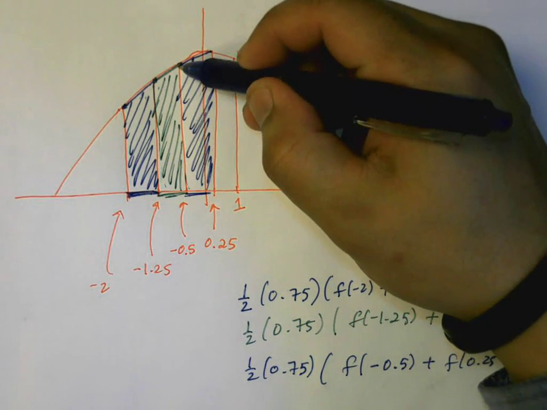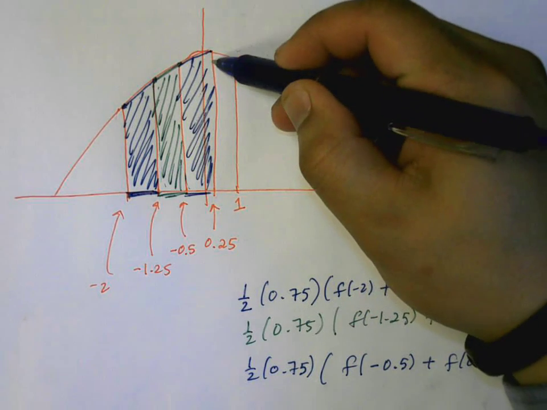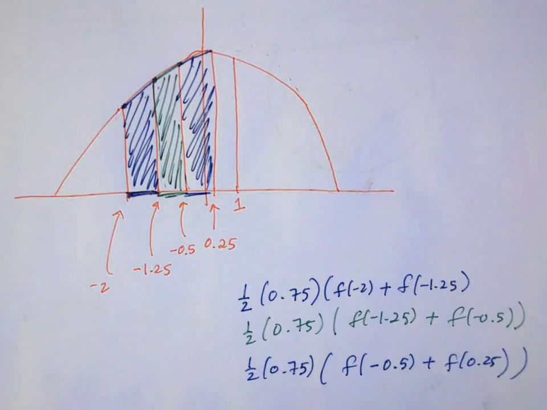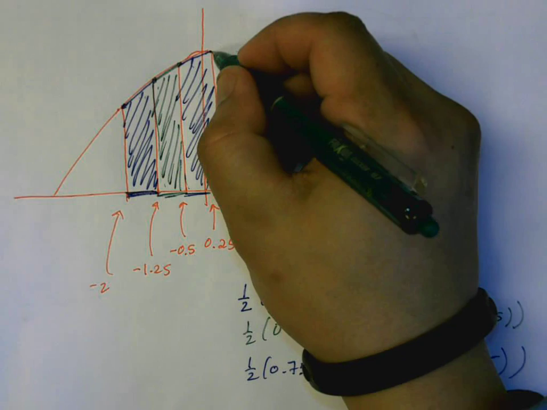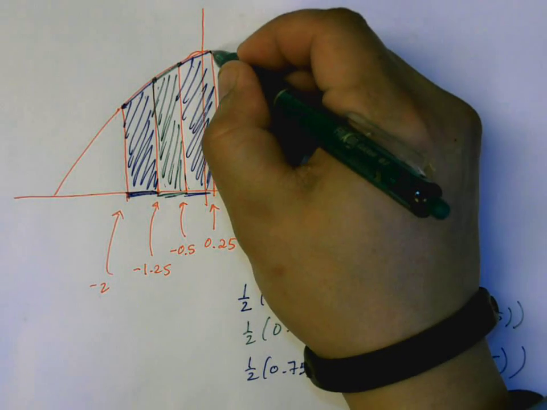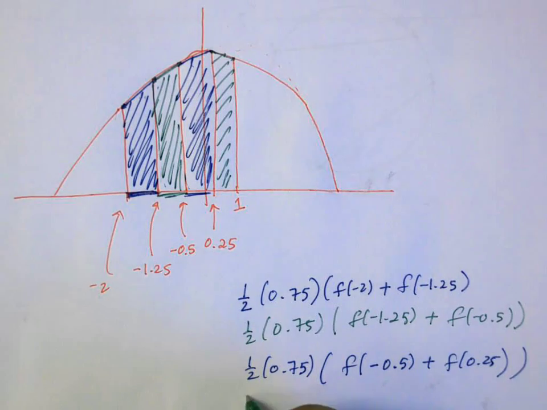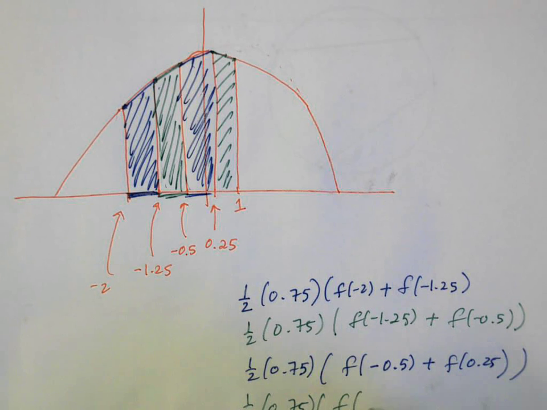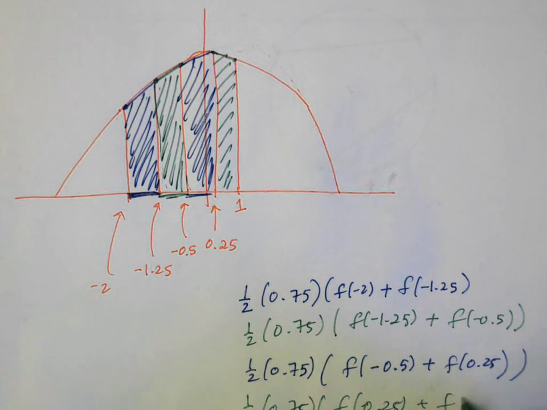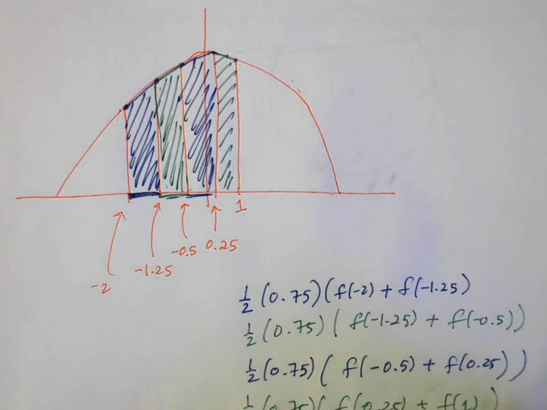So this base here is f of -0.5. This is f of 0.25. And then the last one, this point and this point, draw a straight line. And I got 1/2 times 0.75 times f of 0.25 plus f of 1.